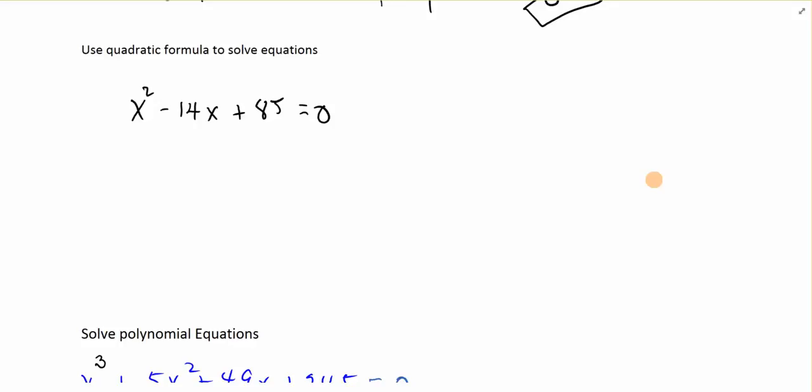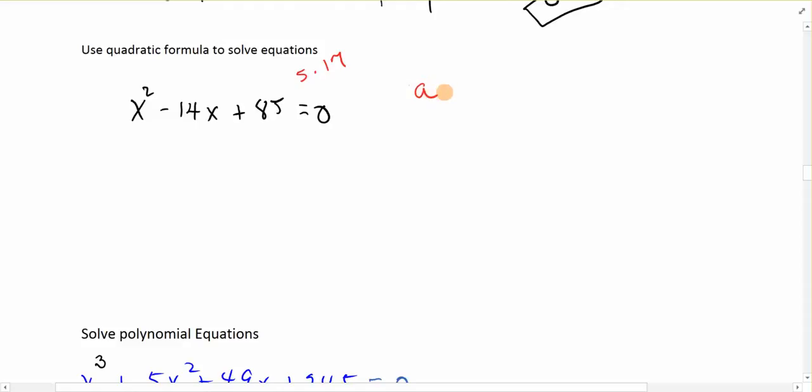What are the factors of 85? What goes into that? Okay, 5. So if I said that's 5 times 17, those are both prime. So that's it as far as my choices. Are those going to give me negative 14? No. So we know this doesn't factor. We know we need the quadratic formula.